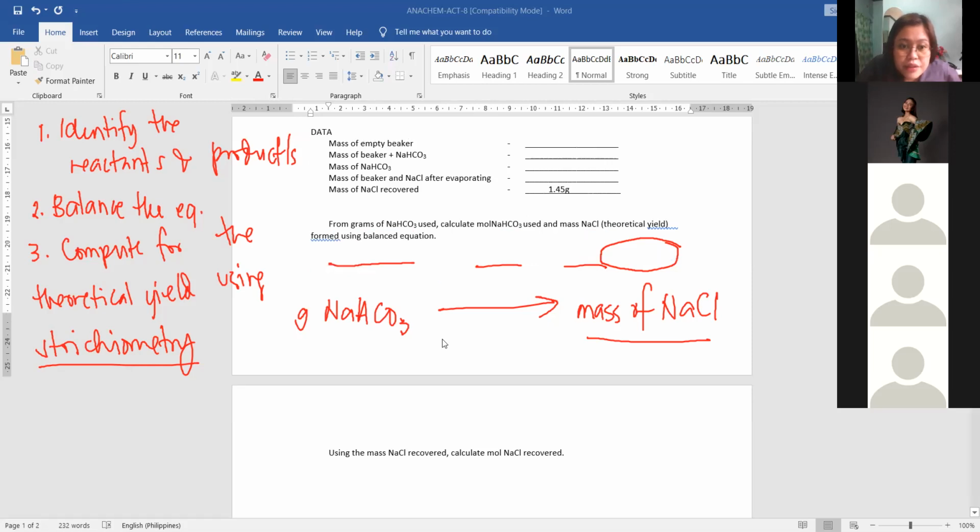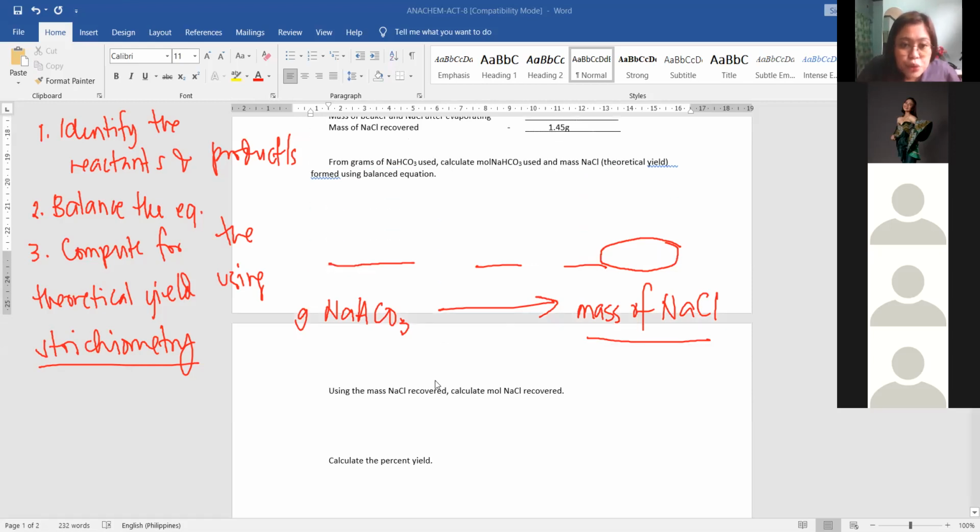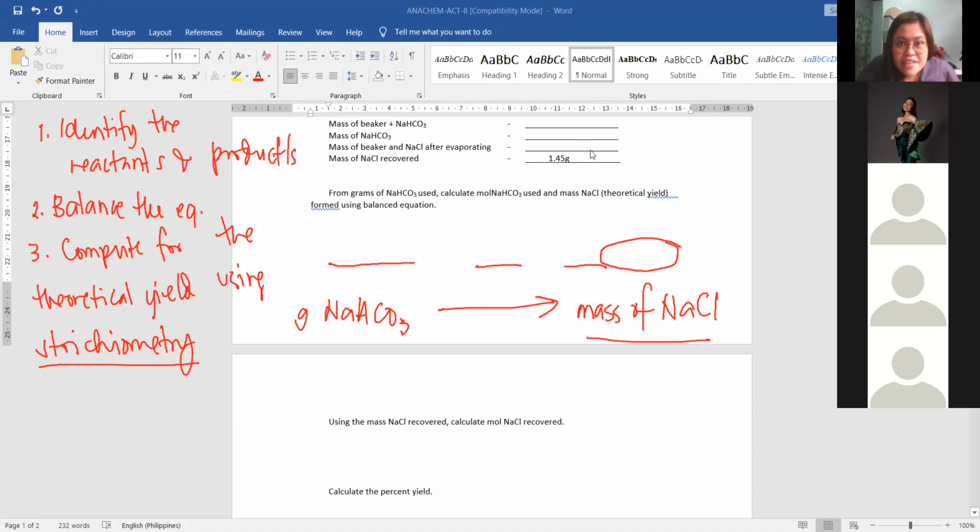Another thing that you have to do is use the mass of NaCl recovered, it's 1.45 grams. Again, it's 1.45 grams, the mass of NaCl that was recovered. Actually, we call this the actual yield. Why actual yield?